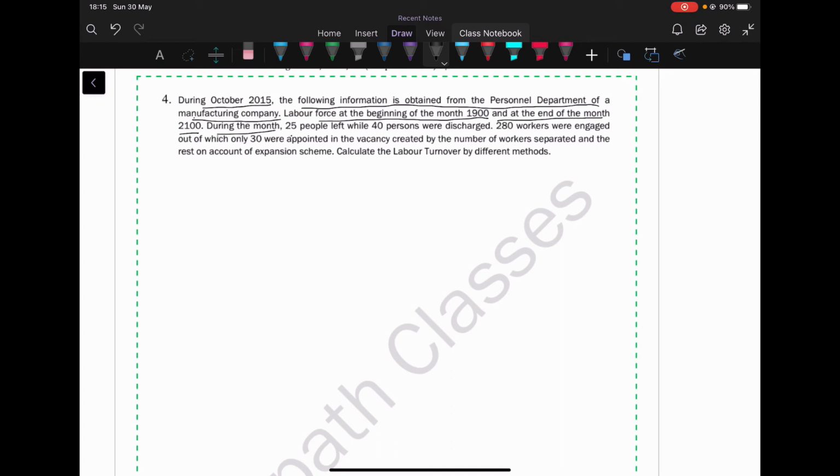During the month, 25 people left while 40 persons were discharged. 28 workers were engaged, out of which only 30 were appointed in the vacancy created by the number of workers separated, and the rest on account of expansion scheme. Calculate the labor turnover by different methods.